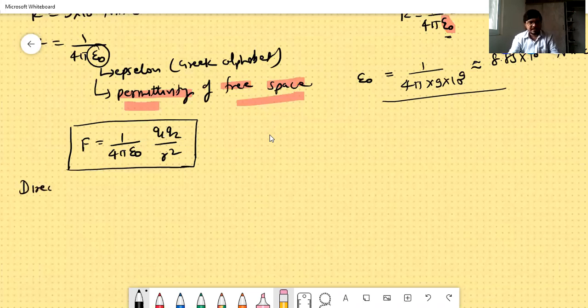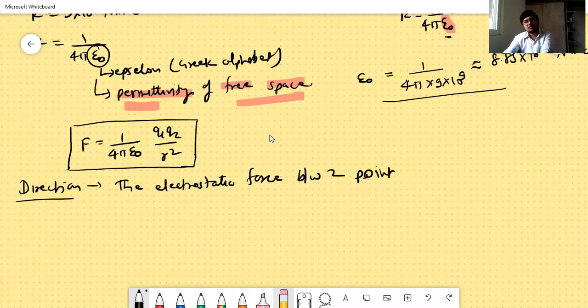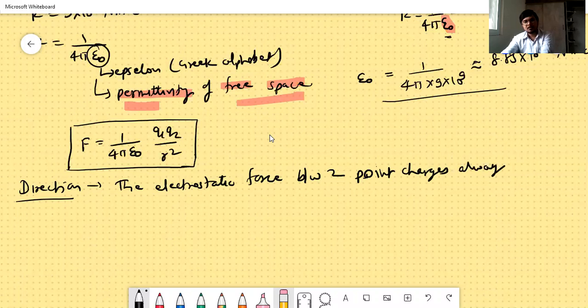Okay, now what about direction? The thing to be noted is that the electrostatic force between two point charges always acts along the line joining them.